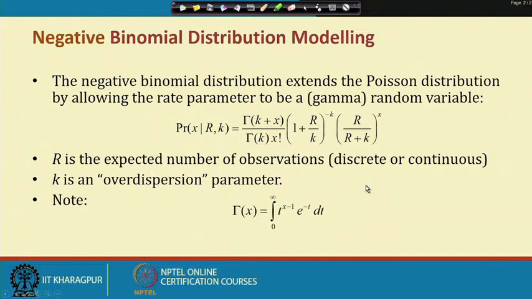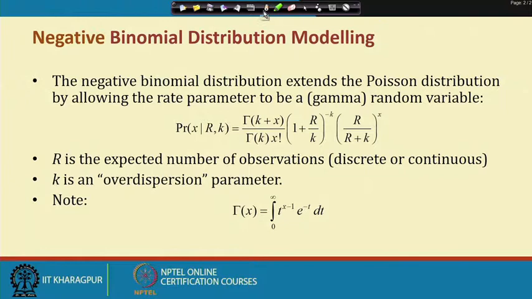The second model related to count data modeling is the negative binomial distribution model, which is an extension of the Poisson distribution. Here we allow the parameter, instead of lambda, to be called gamma, and that is one of the parameters of the negative binomial distribution.